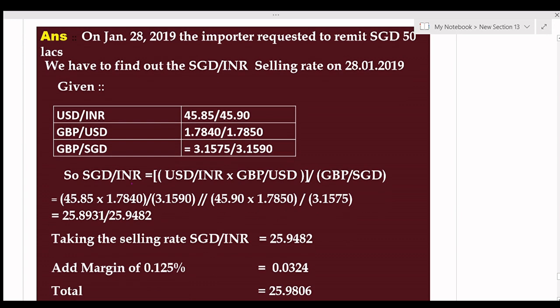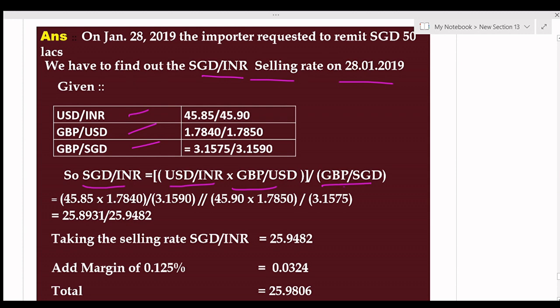We have to find out the SGD INR selling rate because it is an import. To find the SGD INR, USD INR is multiplied with GBP USD divided by GBP SGD.